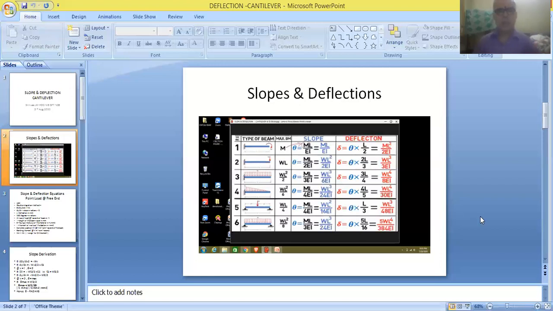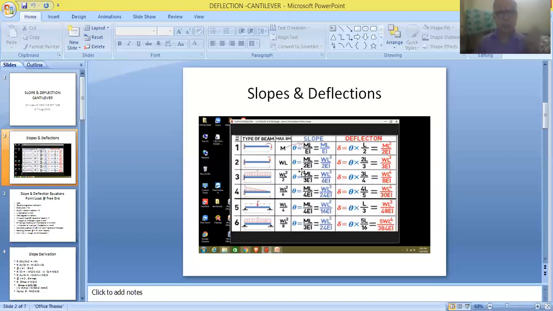And finally, friends, these are the notations to be used for indicating the slope values and deflection values. Generally the letter theta is used for indicating the slope of the beam. Generally the letter small y is used for indicating the deflection values of a given beam.